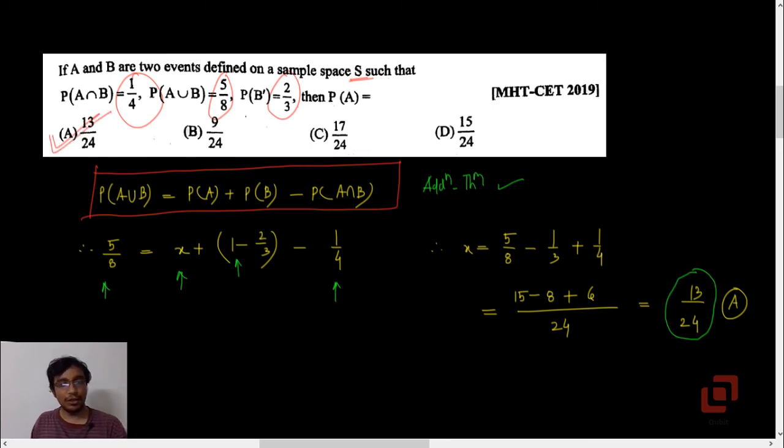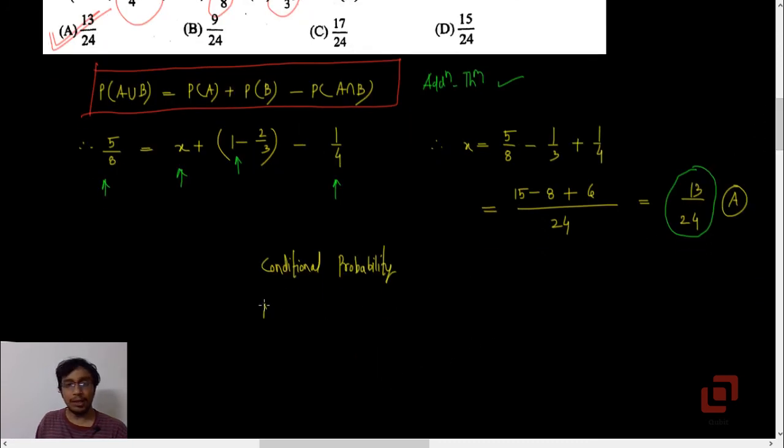So we have now solved questions from probability. Now let me tell you the topics that we have not covered. We have not covered conditional probability, and the related theorems, which are the multiplication theorem and the Bayes theorem.